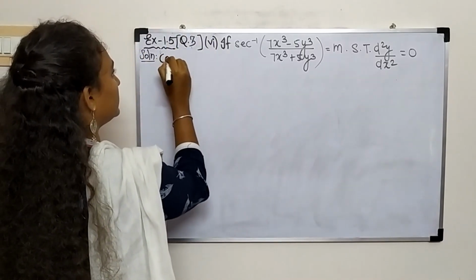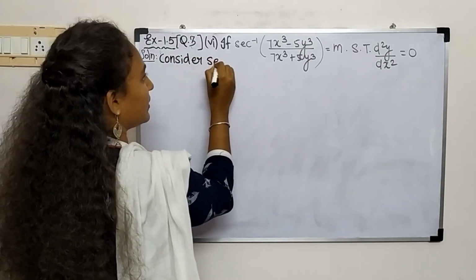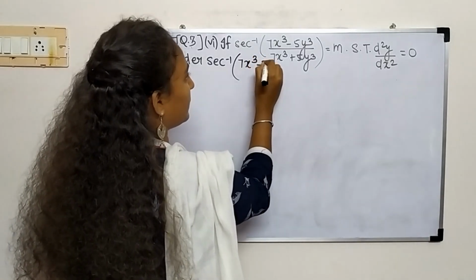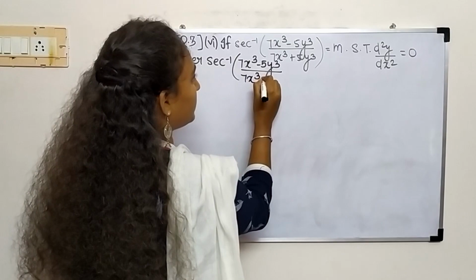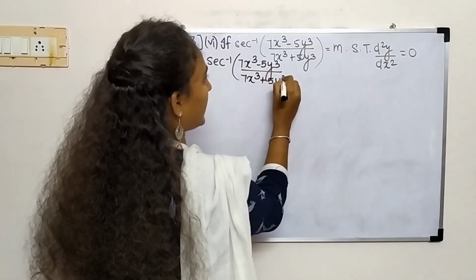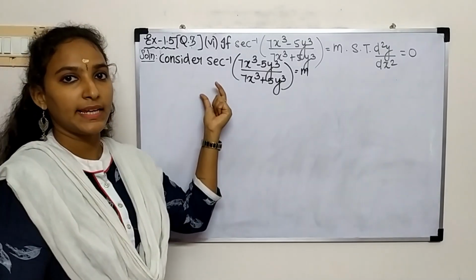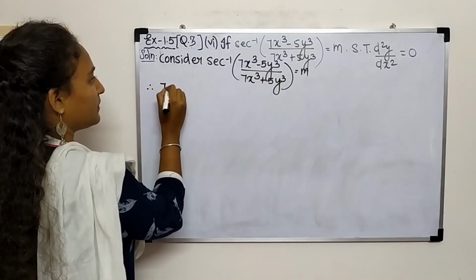Now consider sec inverse of 7x cube minus 5y cube upon 7x cube plus 5y cube is equal to m. Now take this sec inverse to the RHS. Therefore it becomes sec m.